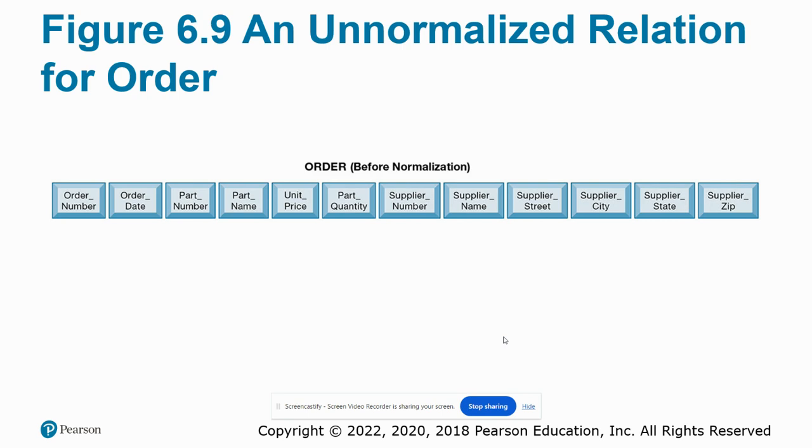An order can include more than one part, and it may be that several parts are supplied by the same supplier. However, using this table, the supplier's name and other information might need to be stored several times on the order list.